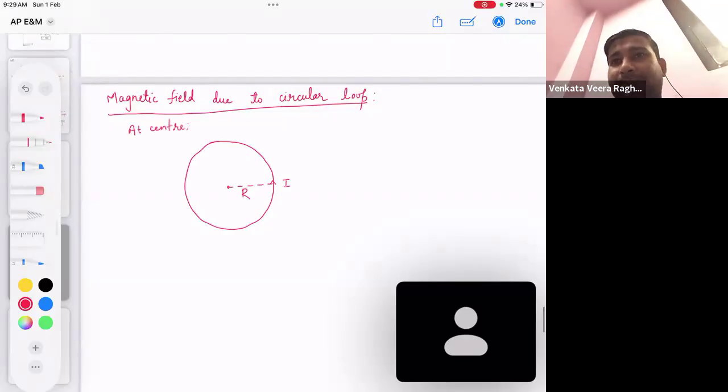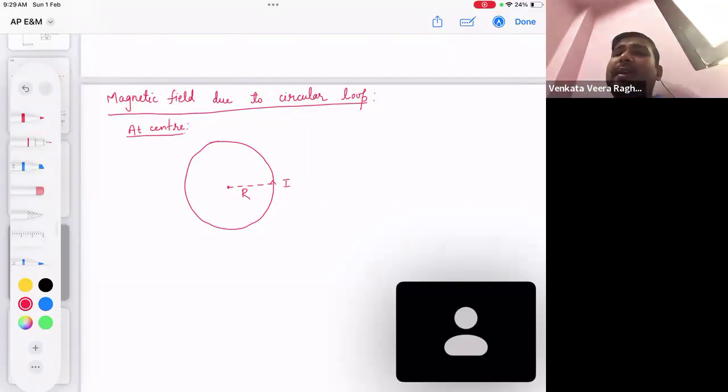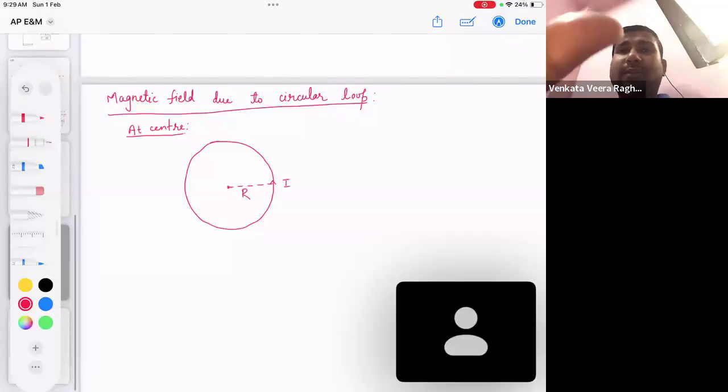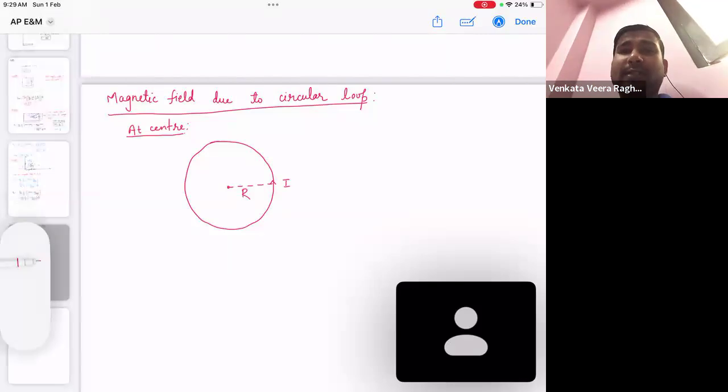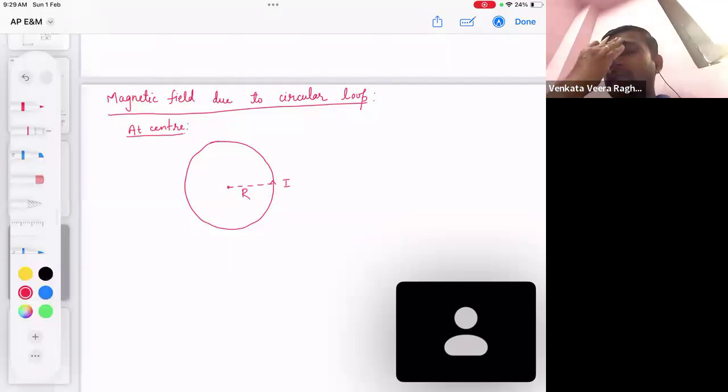At the center of the loop. So what will happen if we want to calculate the magnetic field at the center of the loop? Again, we will use the Biot-Savart law, isn't it? Biot-Savart law is applicable for every type of conductor. Any conductor is there, we can always apply the Biot-Savart law.